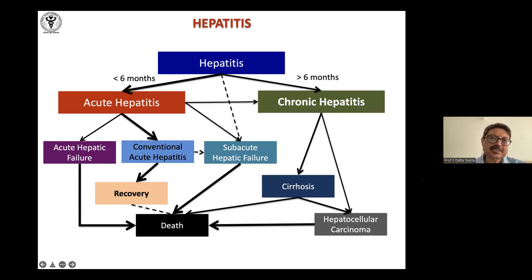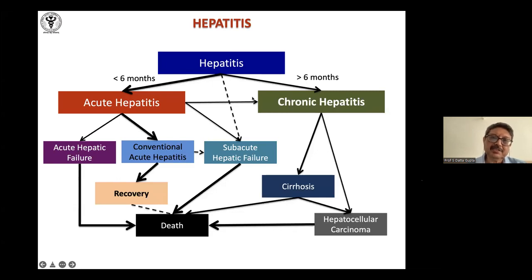The general consensus after a lot of studies was that the changes of acute hepatitis disappear in 6 months' time. Therefore, this arbitrary distinction was made: acute hepatitis is less than 6 months, chronic hepatitis is more than 6 months.